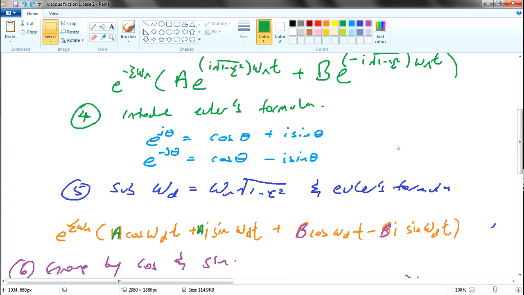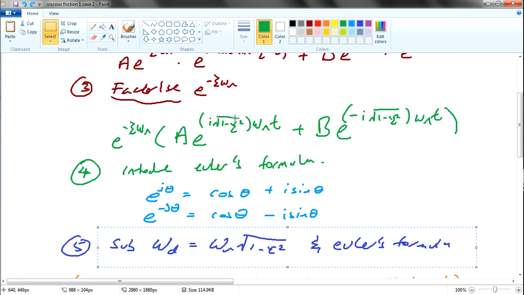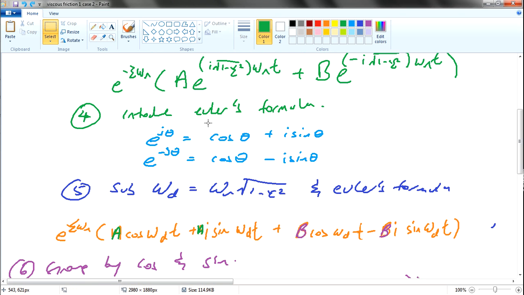This is only an introduction to Euler's formula, and then you sub in ωd equals this one and Euler's formula. They come together as a set. You buy one get one free, so you come as a set.